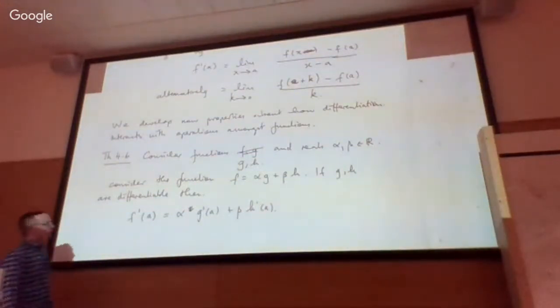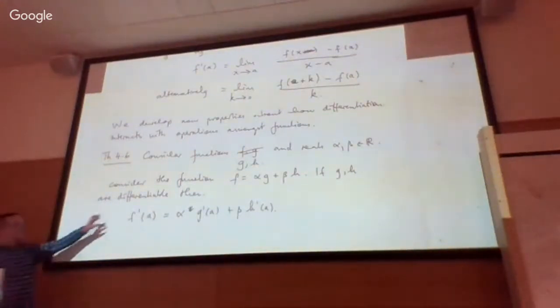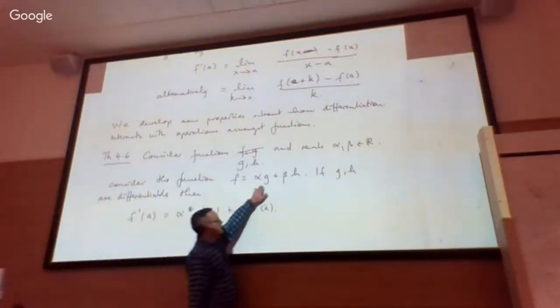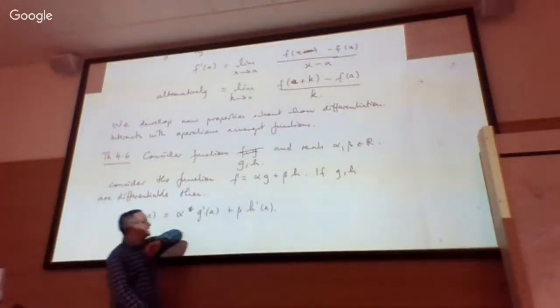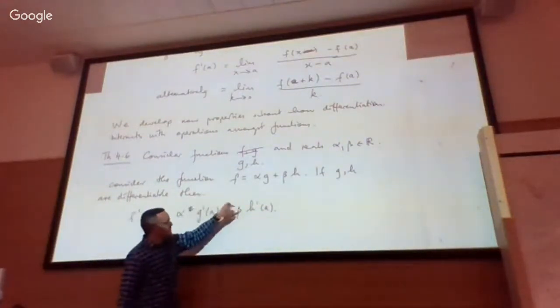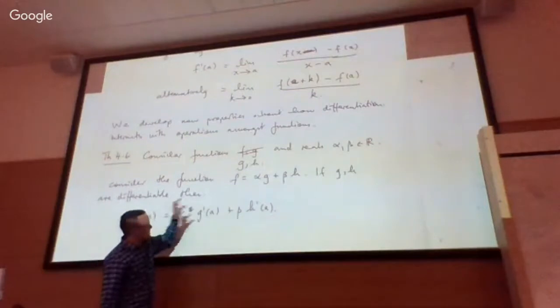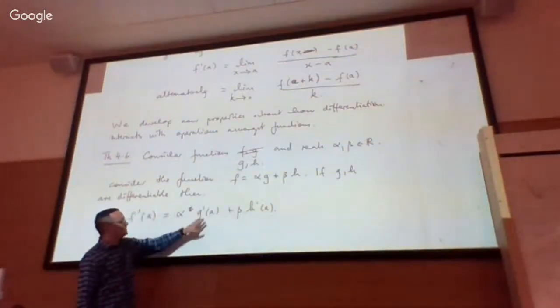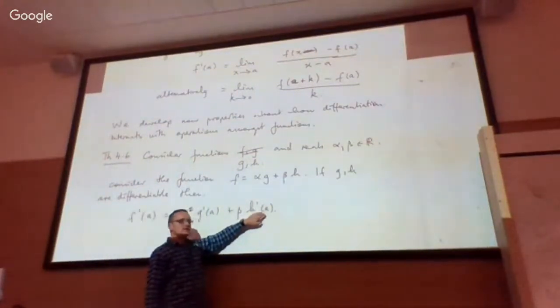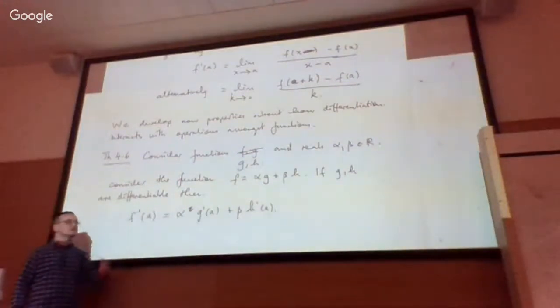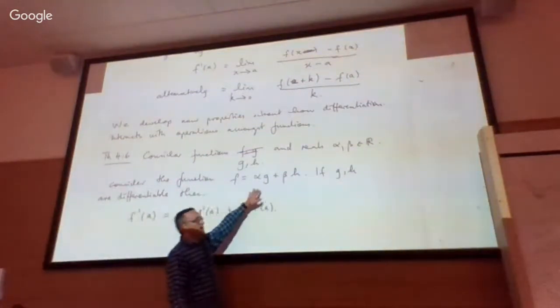That is saying that the operation of differentiation is linear. Take the derivative of a linear combination of functions, you get exactly the same linear combination, meaning with coefficients alpha and beta, of the individual derivatives of the functions that have gone into making the linear combination.